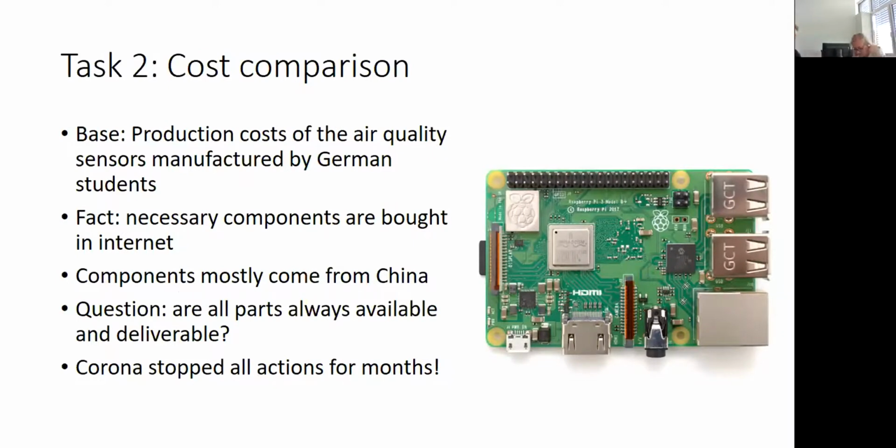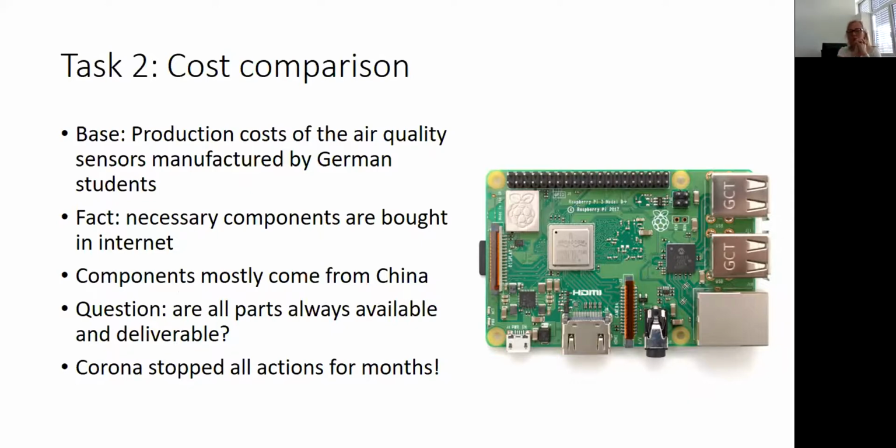Okay, and this is what we've done before, and what I'm going to do starting in autumn. And the second part, which is going to be done, is the cost comparison. The guys who are in the 4th grade are unfortunately not in school today, so I'm going to talk for them.